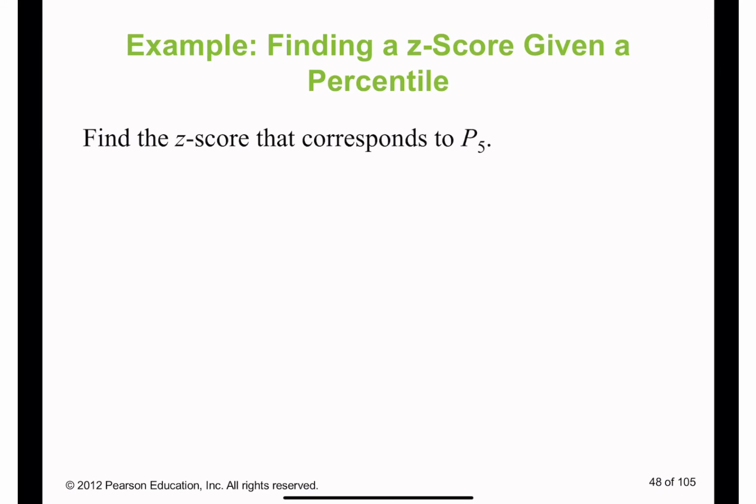Find the z-score that corresponds to the 5th percentile, which means it's asking for 5%. 5% is 0.05. So we need to find which z-score is matching 0.05. Guess which z-score we are going to go to, positive or negative? Of course negative, because it's less than 50%.